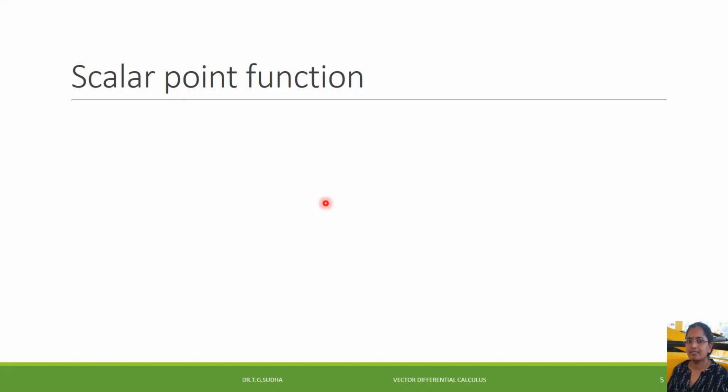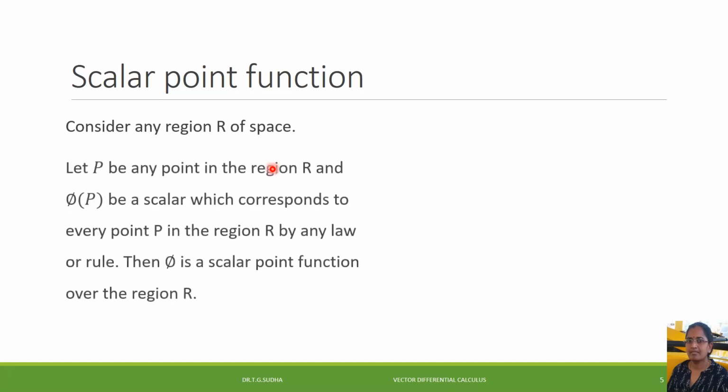Let us define what is a scalar point function. So for that, let us consider any region R in space. Let P be any point in the region R and phi of P be a scalar which corresponds to every point P in the region R by any law or rule.